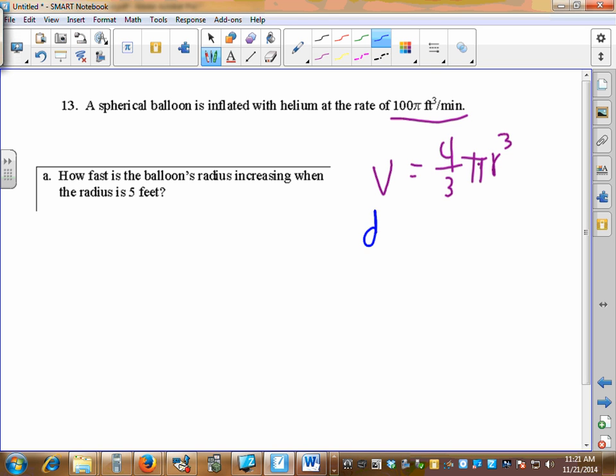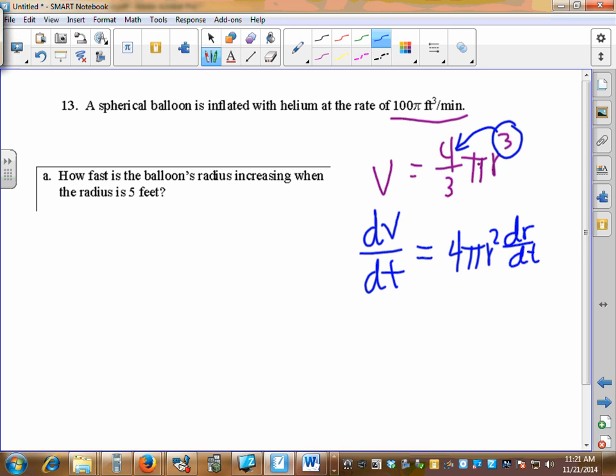We do dV/dt equal to, help me now, Nick, 3 times 4/3 will be just what? 4 pi r squared, but then I also have to remember to do what? dr/dt. Since the radius and the volume are both changing, we have to do implicit differentiation for both.